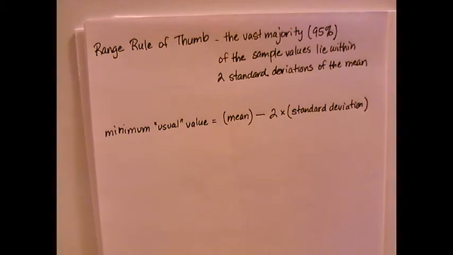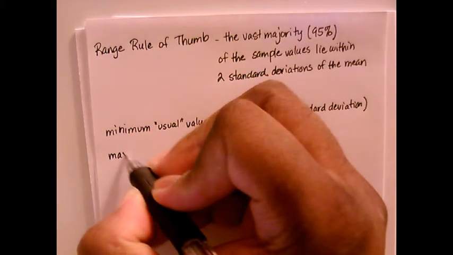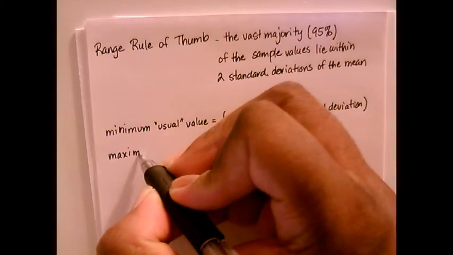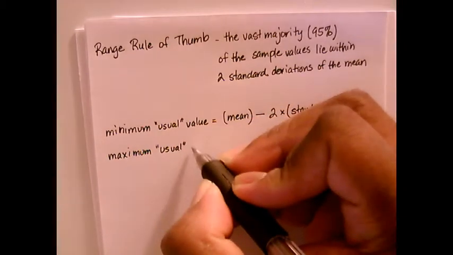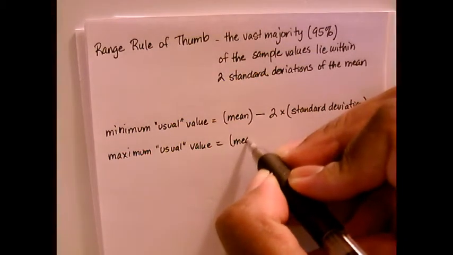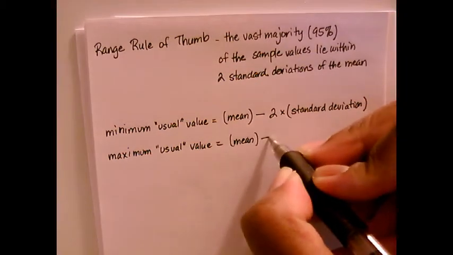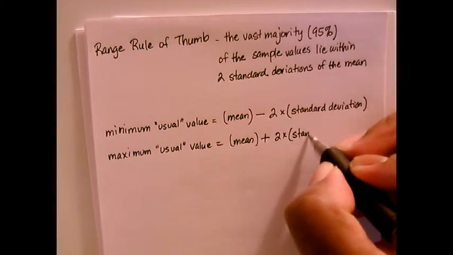And the maximum usual value is going to be the mean plus 2 times the standard deviation.